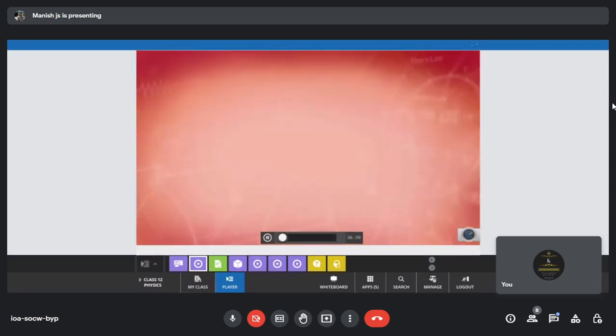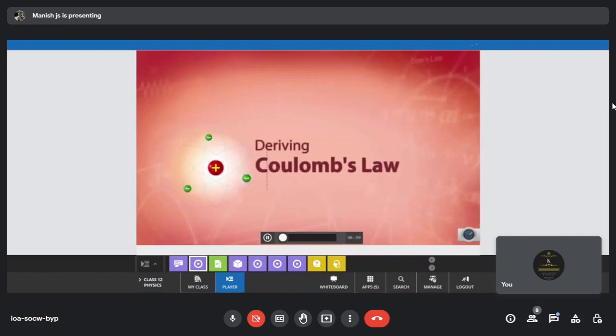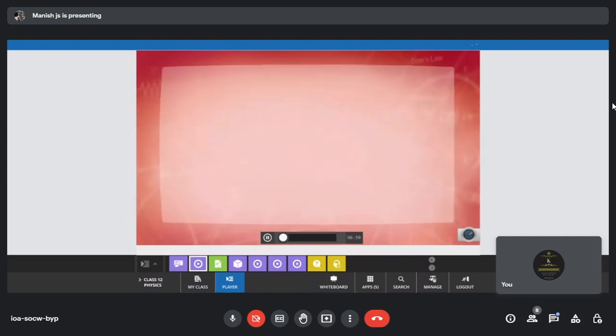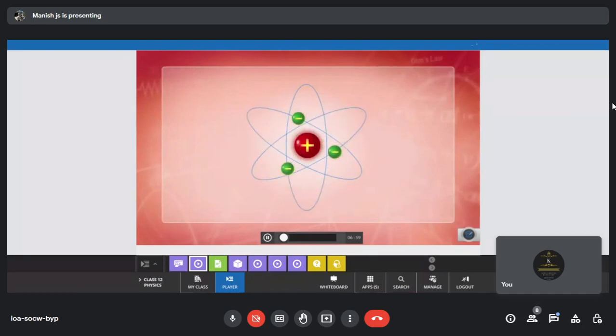Coulomb's law. Deriving Coulomb's law. In an atom, the electrons revolve around the nucleus. This is because of the electrostatic force of attraction between the negatively charged electrons and the positively charged nucleus.